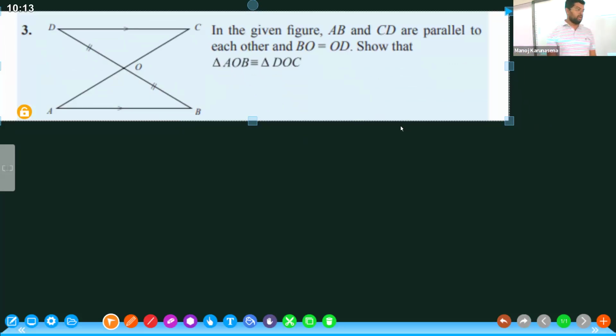In the given figure, AB and CD are parallel to each other and BO equals OD.